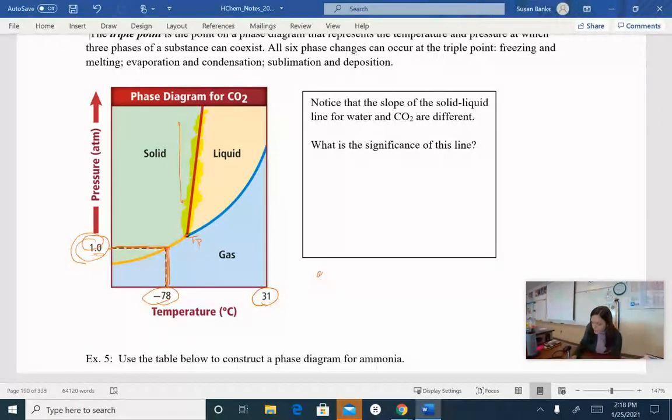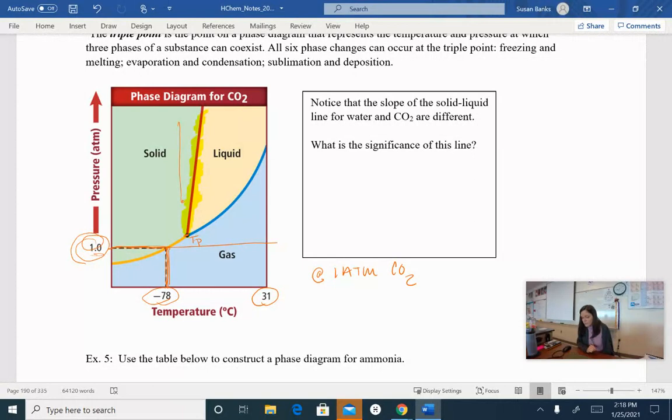So at 1 atmosphere or standard pressure, CO2 doesn't ever hit the liquid area at all. It just sublimes. So in normal pressures that we would actually have carbon dioxide in our normal atmosphere, we as humans would never ever see carbon dioxide in the liquid phase.